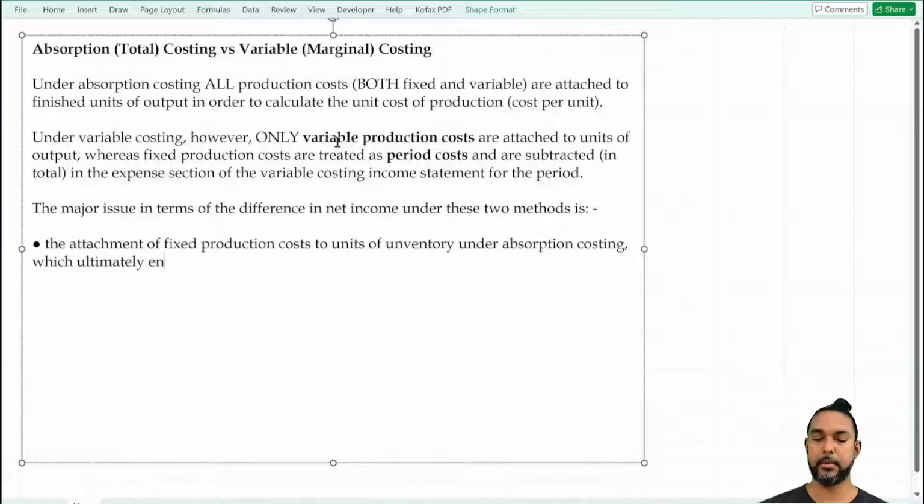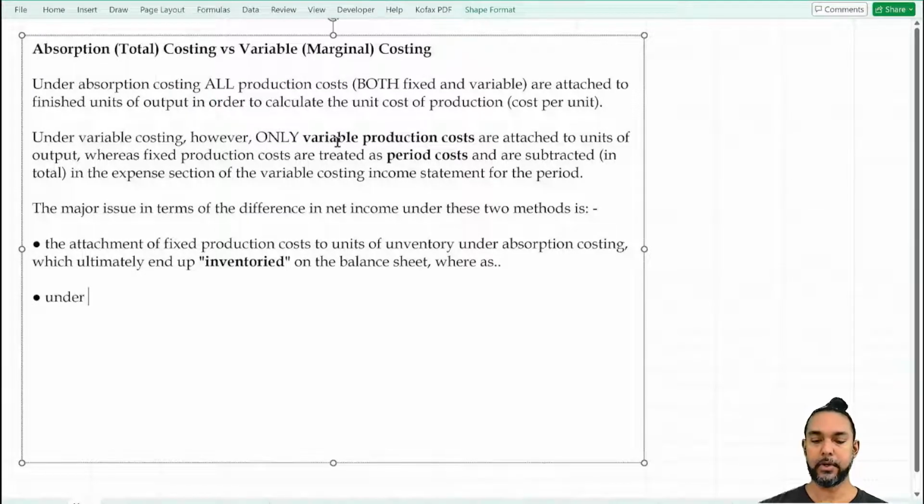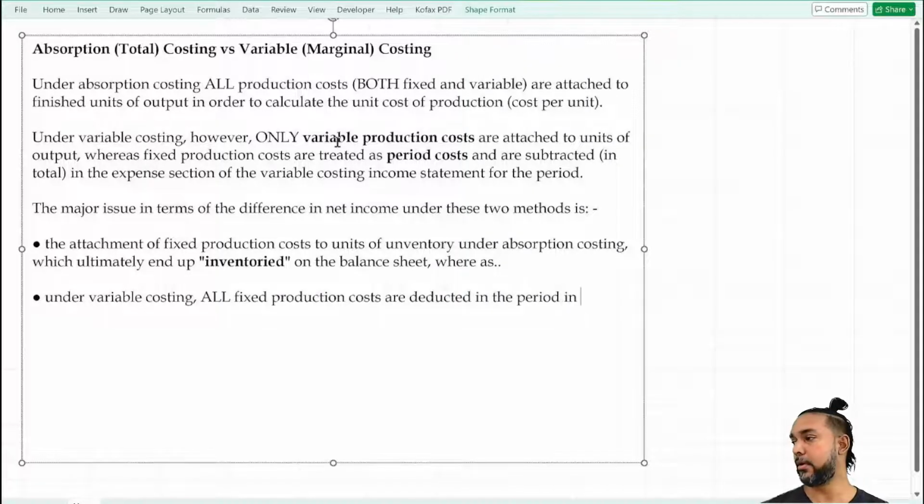which ultimately end up inventoried on the balance sheet, whereas under variable costing, all fixed production costs are deducted in the period in which they are incurred.